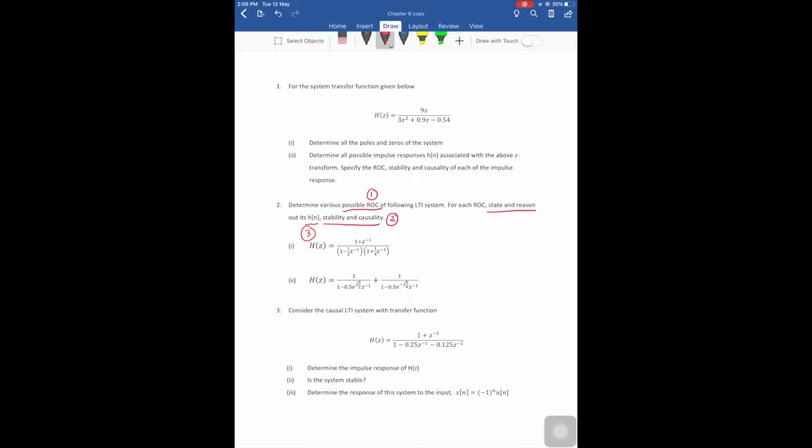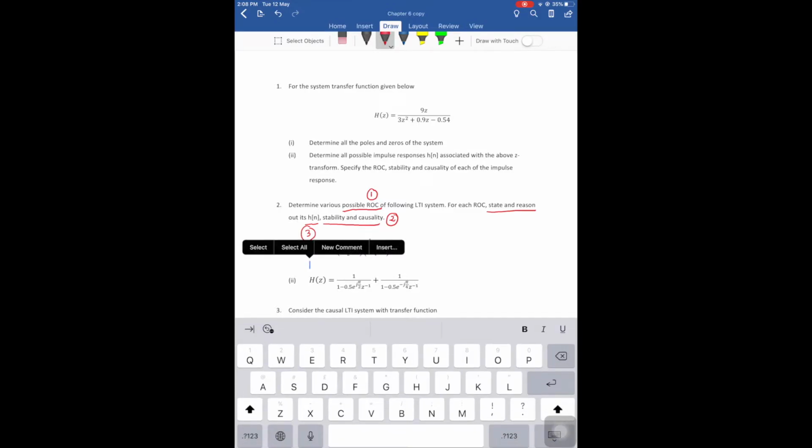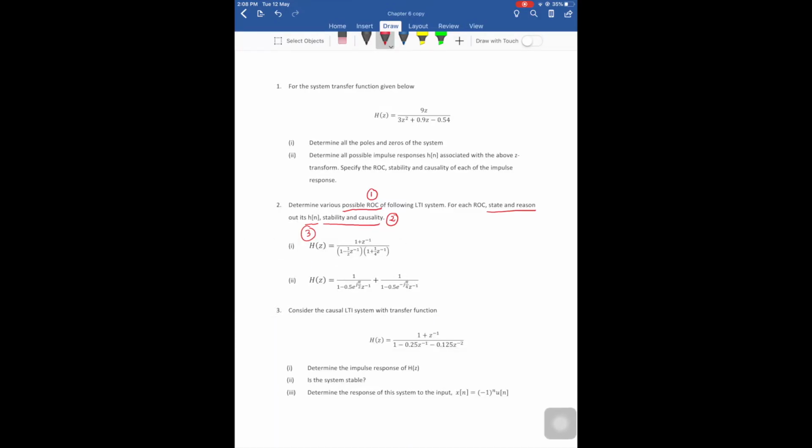So we have two transfer functions. The first transfer function is basically on the real part. The poles are in real values, but if you look at the second part, the pole values are imaginary. Why do I say imaginary?